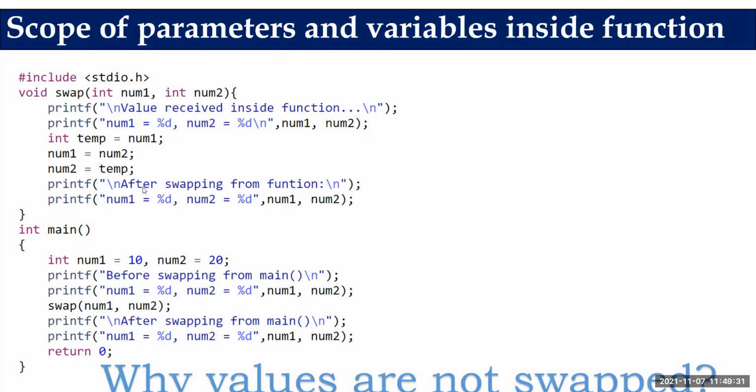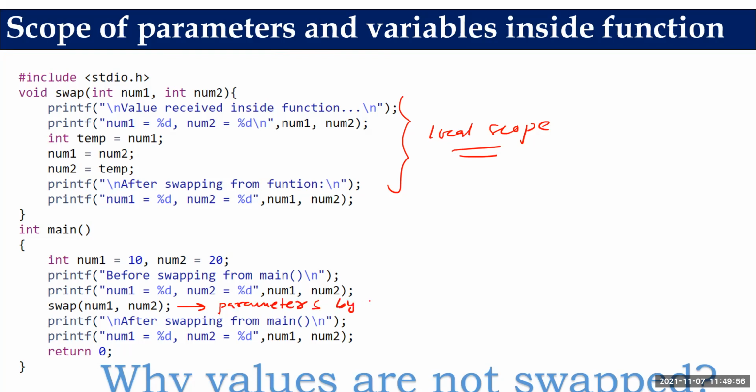So now the question is why the values are not swapped. As we have already identified, because swapping is done in the local scope. That's why the values are not swapped. And another reason: here we pass the parameters by value while calling the function.